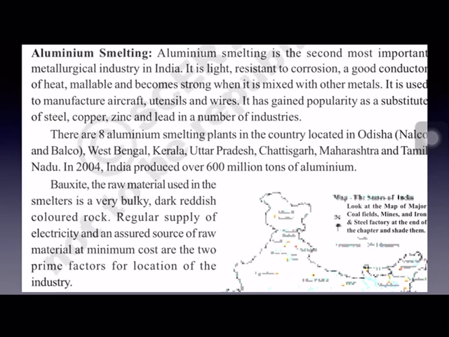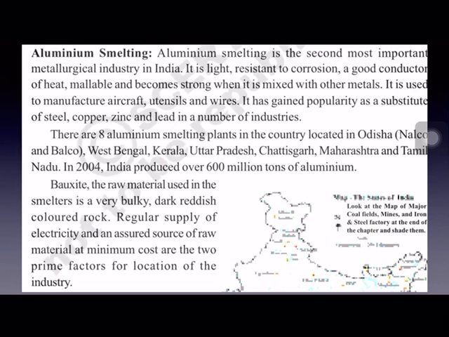Now, aluminum smelting industry. It is the second most important metallurgical industry; the first important metallurgical industry in India is the iron and steel industry. Aluminium is very light in weight and it is also a good conductor of heat.